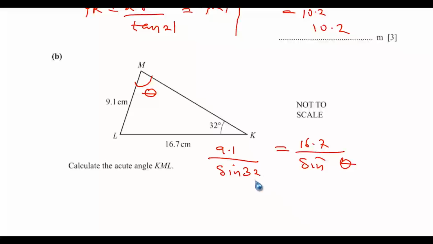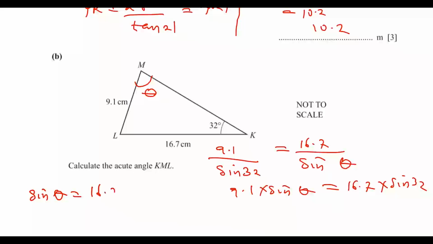Okay, so you can easily cross multiply here. So you have 9.1 times sine theta equals 16.7 times sine 32. From there, sine theta will be equal to 16.7 times sine 32 divided by 9.1.